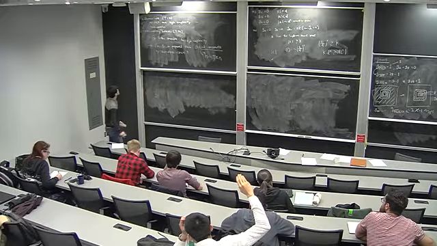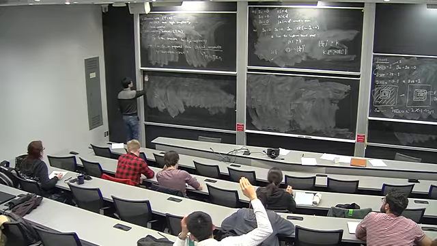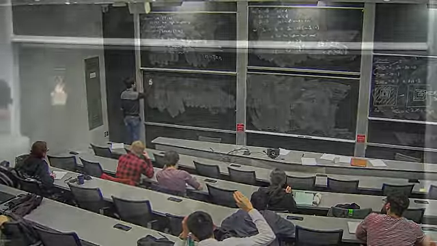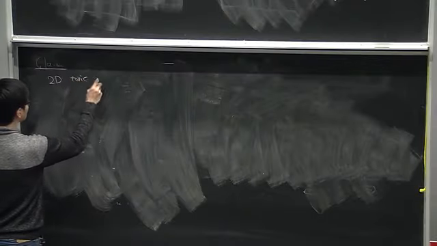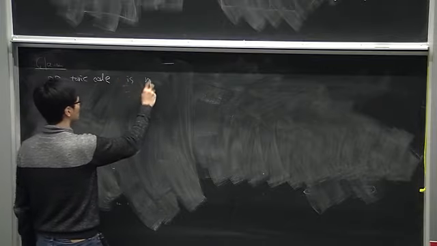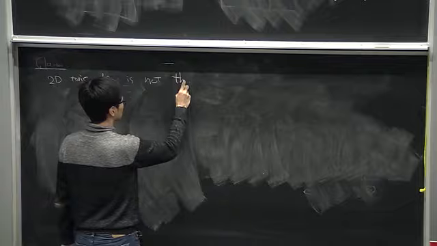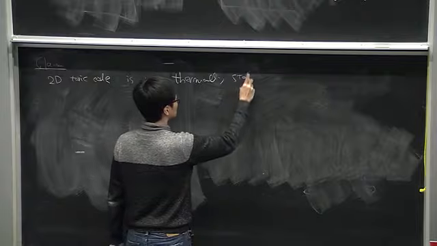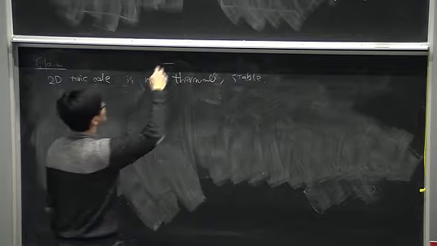And so I'm going to show that the 2D toric code is not thermally stable, in the sense of this circuit complexity.